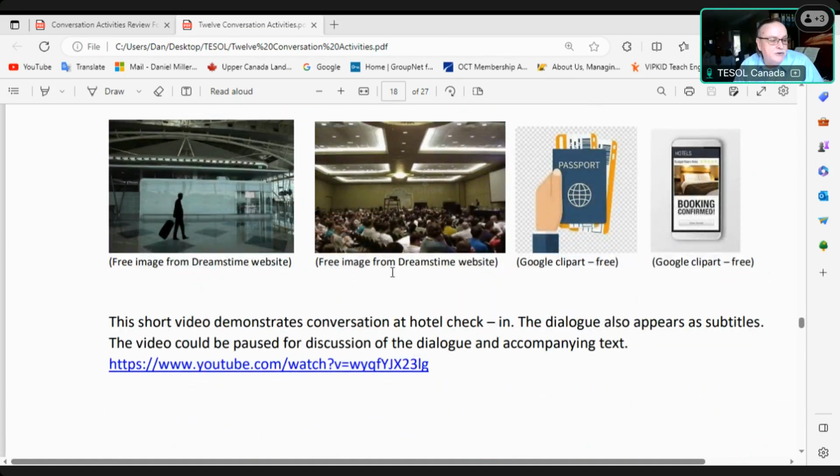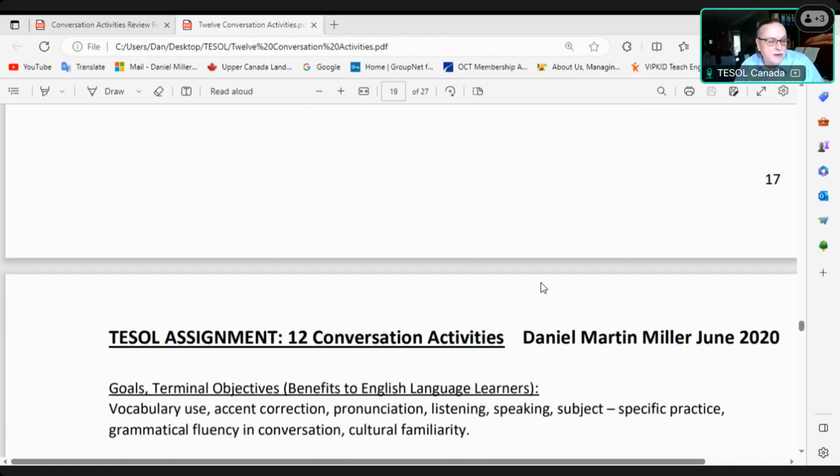Here I've got business people traveling, going through the airport, meeting in a conference room. We need a passport and booking the hotel rooms and all that sort of thing.